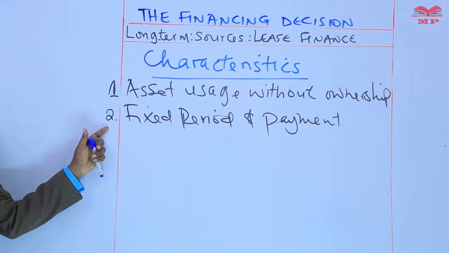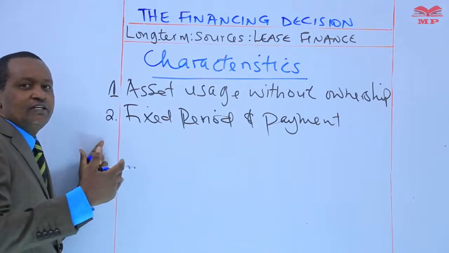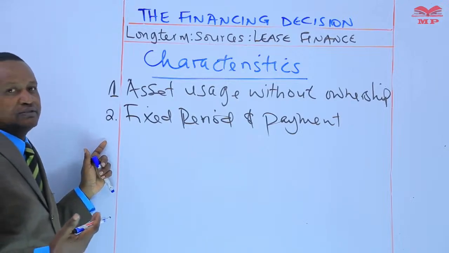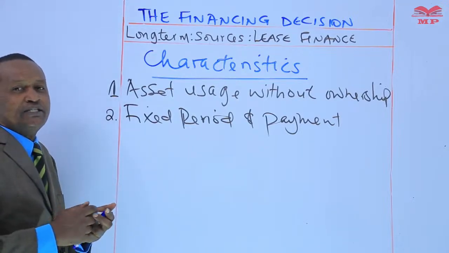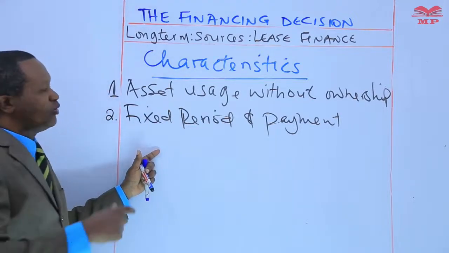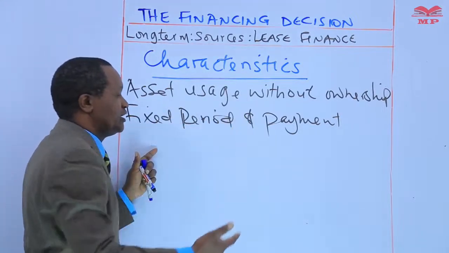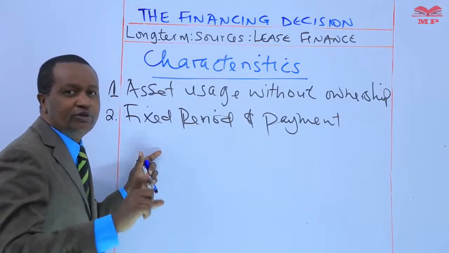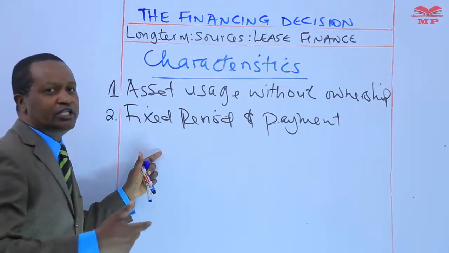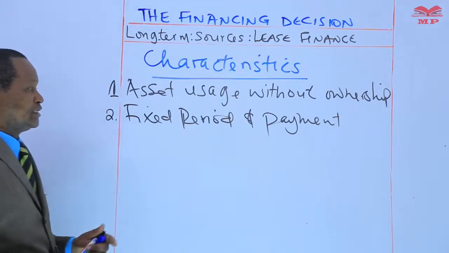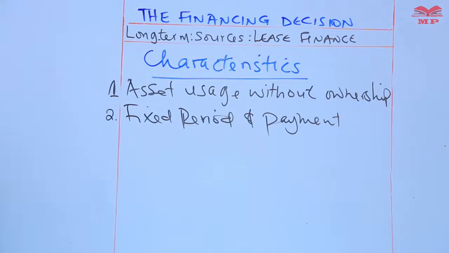Lease agreements typically have a fixed lease period or term, and the lessee makes regular payments to the lessor. The one who uses the asset pays the owner regular payments, fixed payments over a specified period of time. And these payments may include both the principal and interest components. Fixed period and fixed payments.